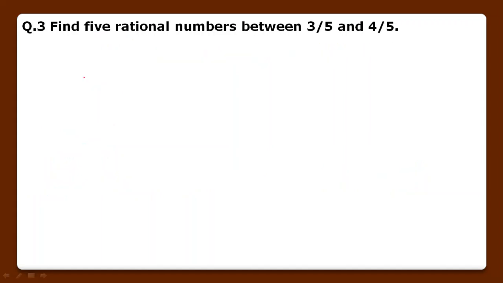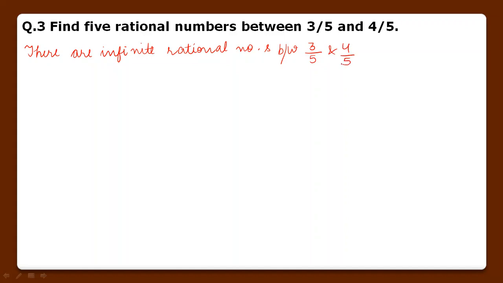Let's come to another question. Again, find 5 rational numbers between 3 upon 5 and 4 upon 5. We'll write here the same. There are infinite rational numbers between 3 upon 5 and 4 upon 5.